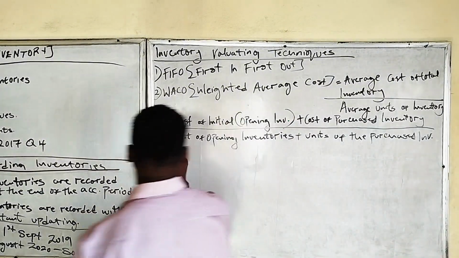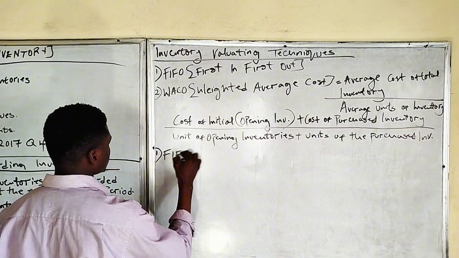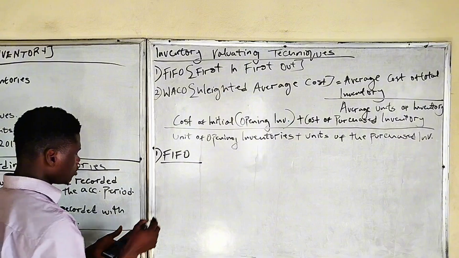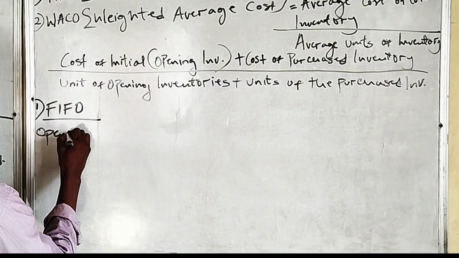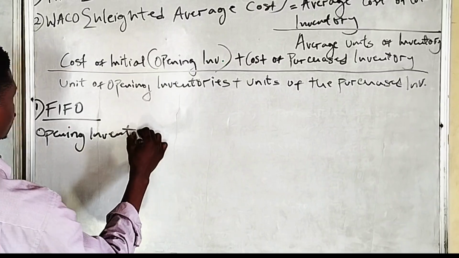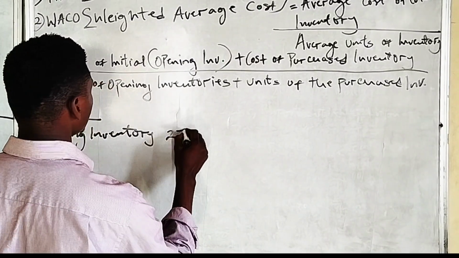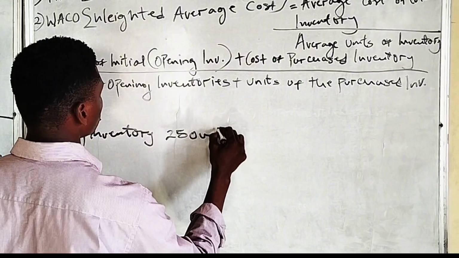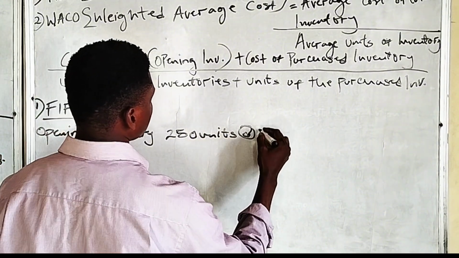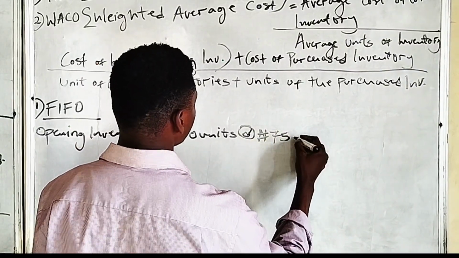So if the first in first out method is used, we have the opening inventory of 250 units at 75 naira each.